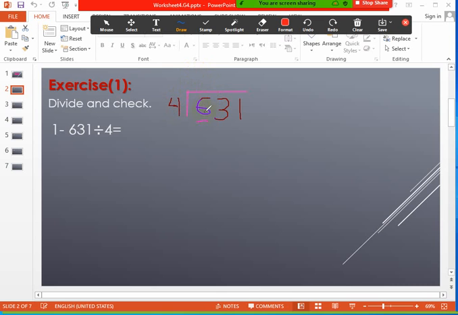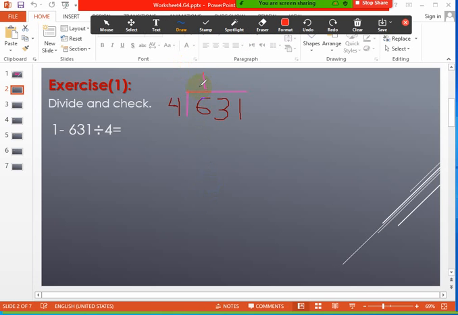Now, 6 divided by 4. How many 4s in the 6? Can you count how many 4s? Very good, Lana. I have only one 4. Just one. No, I don't have two. That means the number in the hundreds digit is 1.